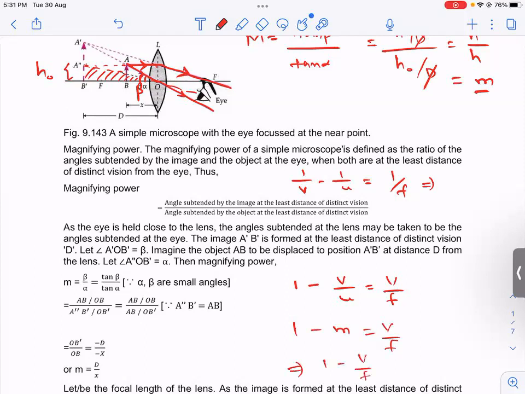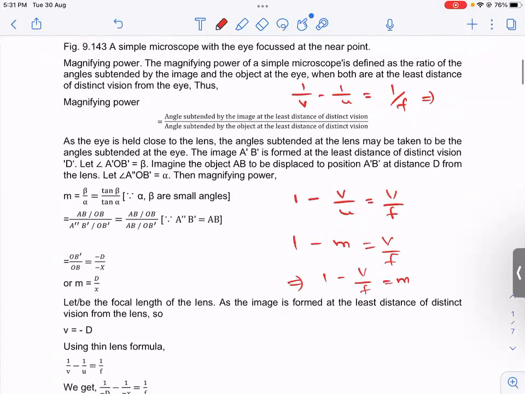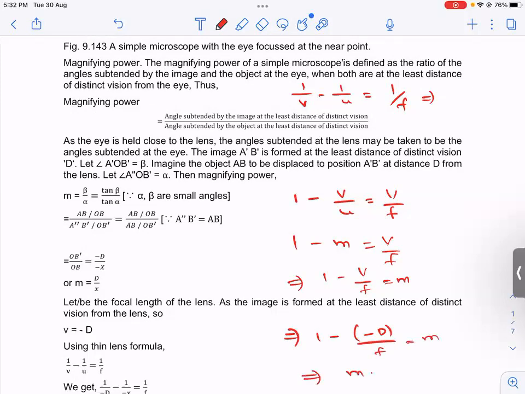Which implies 1 minus V by F is small m. Now apply the values: 1 minus, what is the value of V? Minus D divided by F is equal to m, which implies m is equal to 1 plus D by F. Now this linear magnification is telling us that magnification is inversely proportional to focal length. Now we are able to relate why we need a short focal length.